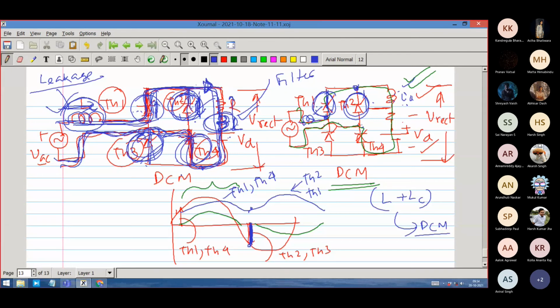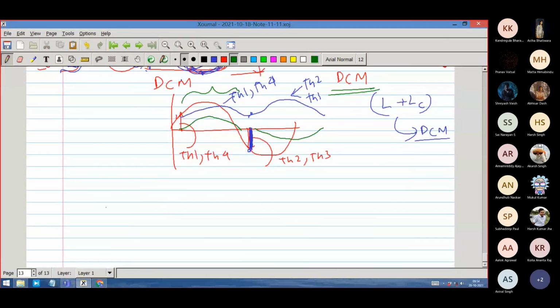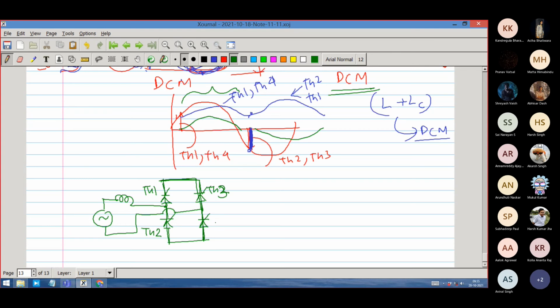So the consequence of that is that you will get 2 isolated circuits. One circuit is shorted here because there are 2 inductors and the current is continuous. One circuit is here and they are shorted. All 4 thyristors are conducting during the commutation phase, and the load is a continuous current.